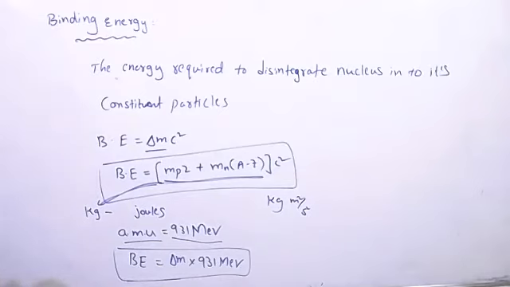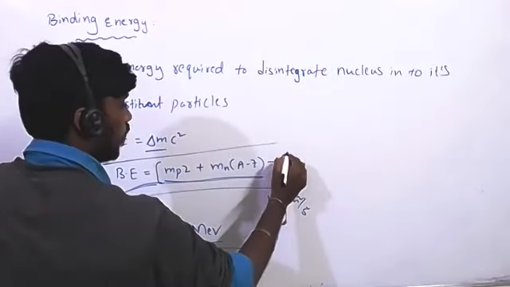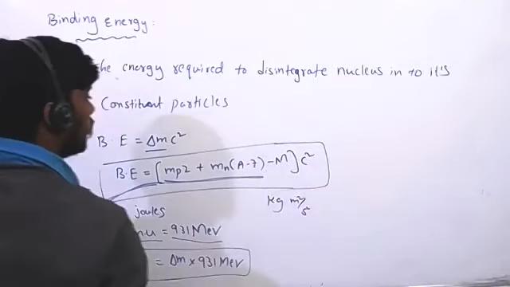Even remember this formula. Here, minus m, then c square. This is called mass defect.